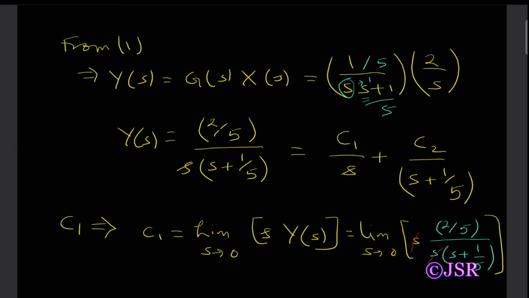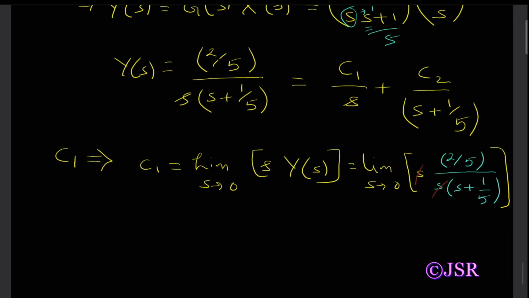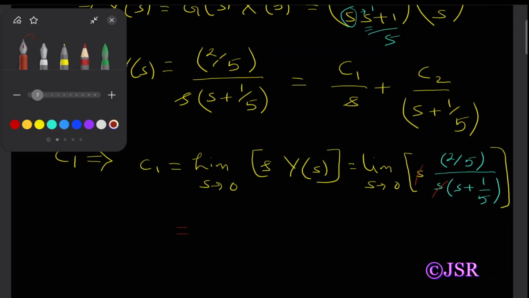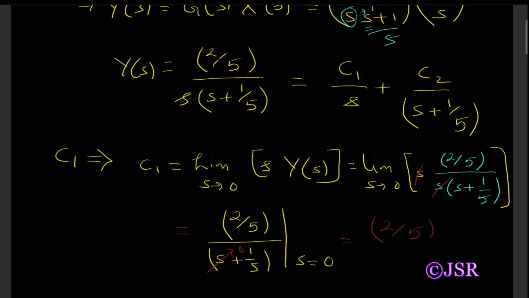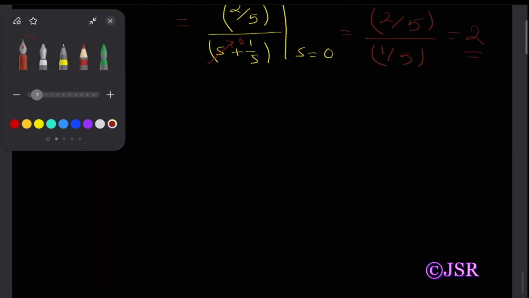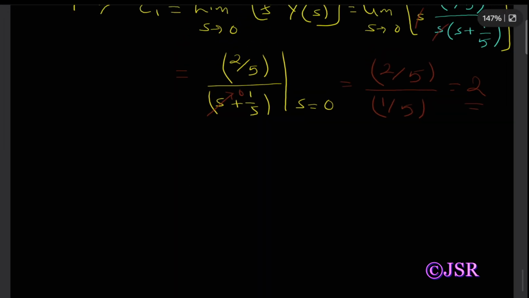So finally s is cancelled and we have 2 by 5 upon s plus 1 by 5, and here s at 0. So now substitute this s at 0. So finally we will get 2 by 5 upon 1 by 5. So we have 2. So this is C1.